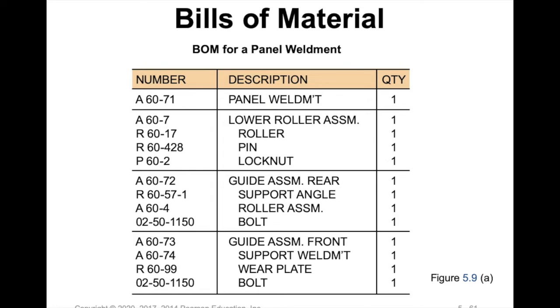This is for a panel weldment. I think the panel weldment is a cabinet. So you see it has lower roller, pin, lock nut, guide, support, and quantity. All this combined to be one product.